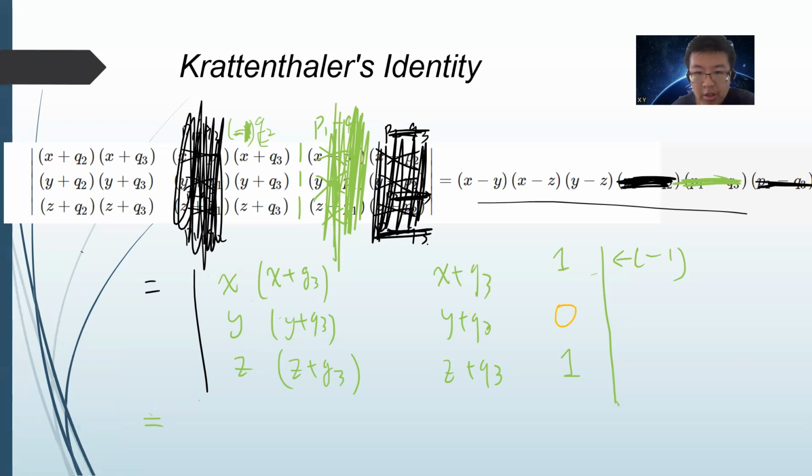And the y minus z. Okay, for this one I get 1 times -1 here, so I get y times y plus q3, minus x plus q3. Sorry, this is y minus x.